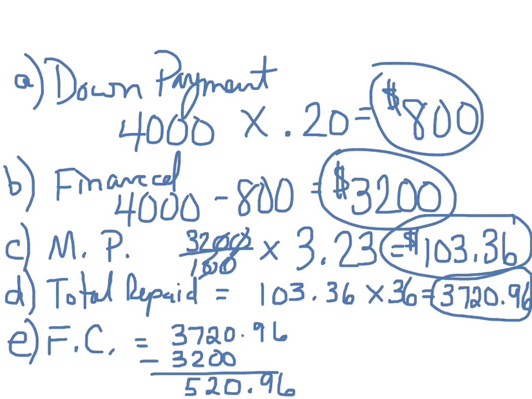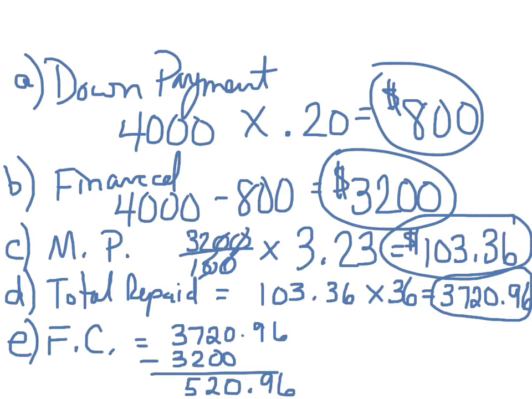So these problems, just so that you guys know, there's a lot of pieces of information there. There's 5 on just that one problem alone. That's what it's going to entail for some of these where you're going to have to do quite a bit of work just to get your answer. Part A and Part B was what we did on Tuesday. So that's nothing new there. Part C, D, and E, that is our new stuff. So finding the monthly payment, we take how much we finance, divided by 100, times the number from the chart.